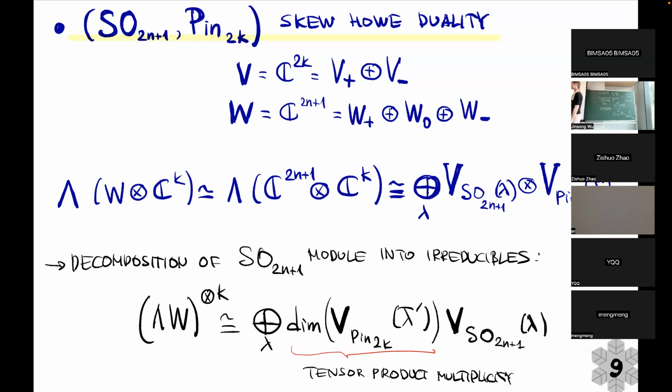And again, the Skew Howe duality in its most general formulation tells us that we have these actions, so multiplicity-free actions. Here lambda are the modified Young diagrams, which basically have the first column with 1/2, because we have to somehow describe the spinor modules.